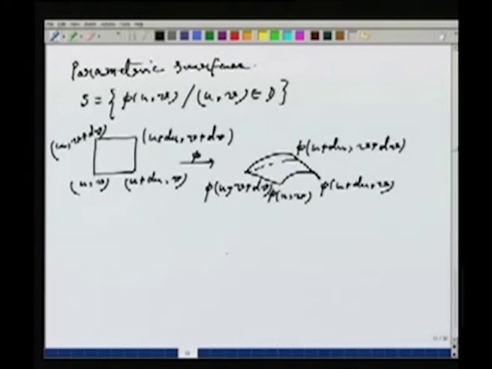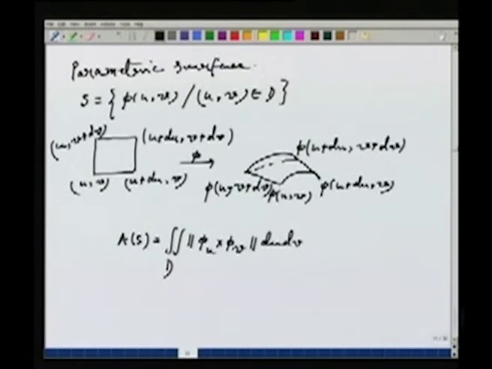Once I do this, then again I can linearize by now phi_u and phi_v. So, it turns out then that AS in this case turns out to be the double integral over D of the norm of phi_u cross phi_v du dv. Okay. The analysis is exactly analogous.